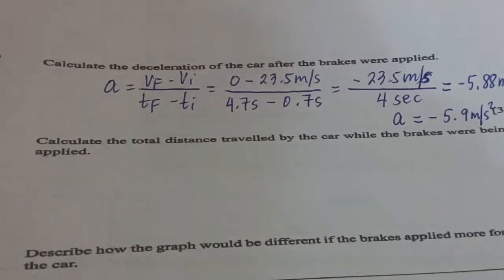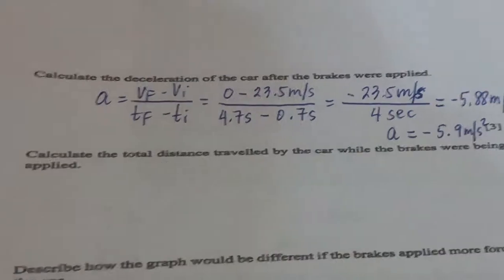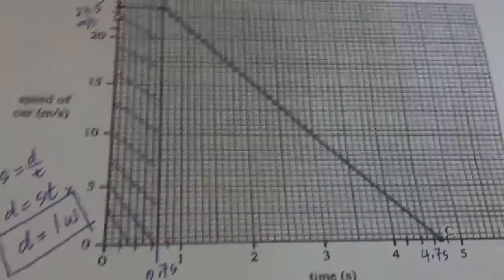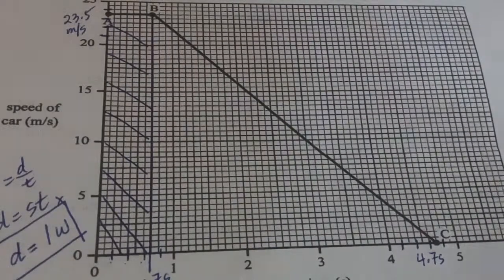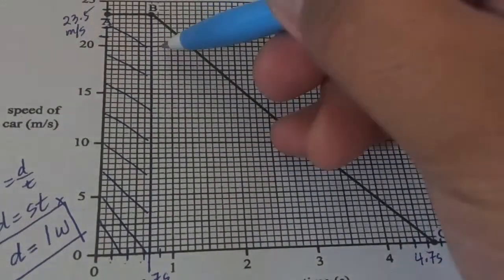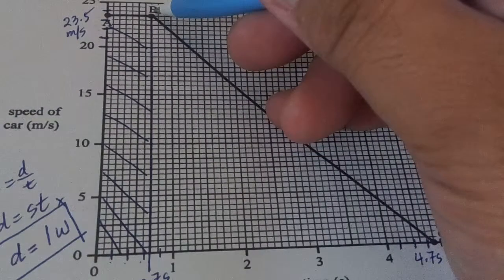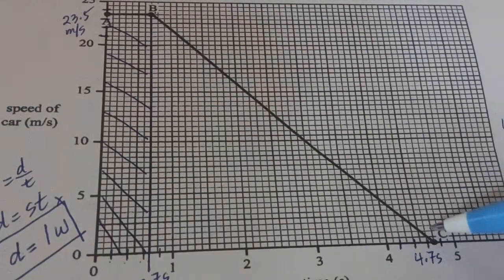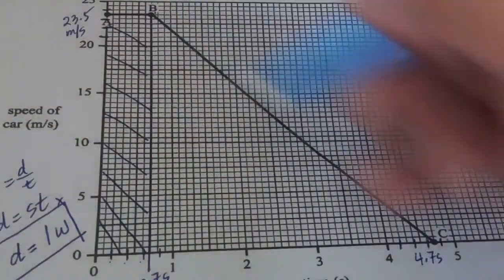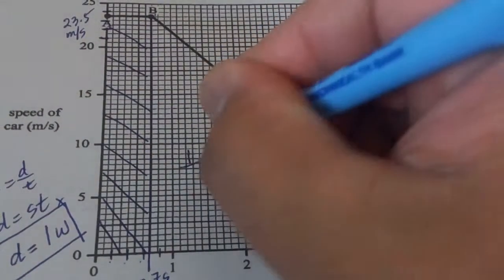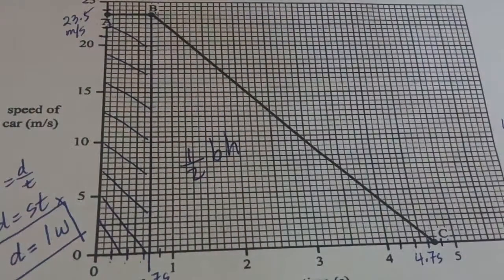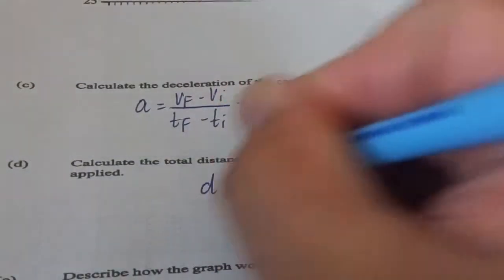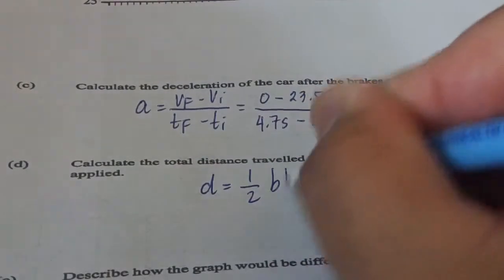Next question: calculate the distance traveled by the car while the brakes were being applied. Like what we did a while ago, the distance here refers to the area under B and C. Since this is a triangle, the area would be 1/2 base times the height. So the distance is equal to 1/2 base times height.